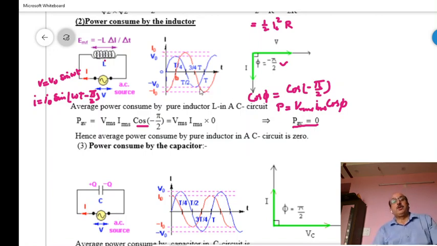Now if we discuss the time graph, the voltage is the blue one and the current graph is the red one. If we draw the power graph for pure inductor, it will come like this.